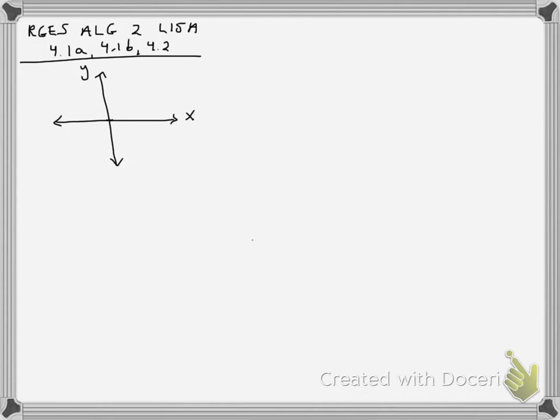So this is very useful for graphing a lot of things, but we're going to first learn about graphing lines. Recall that a linear equation would have a variable to the first exponent, or to the first power.